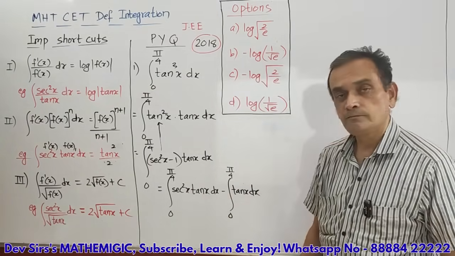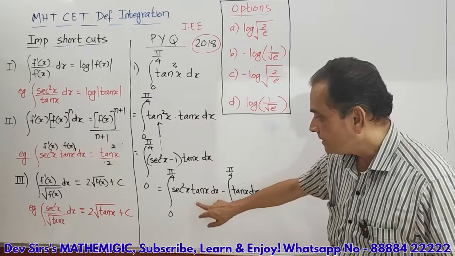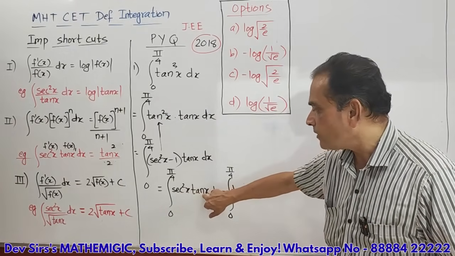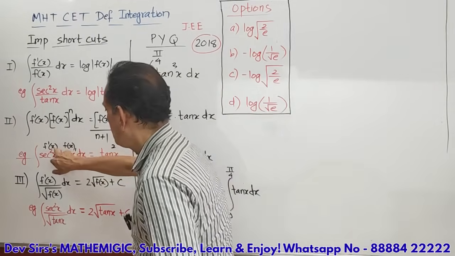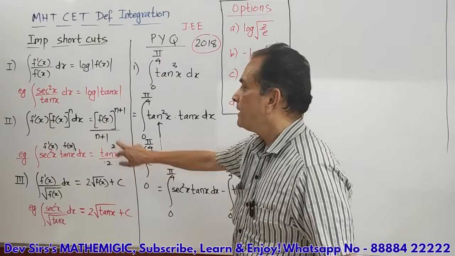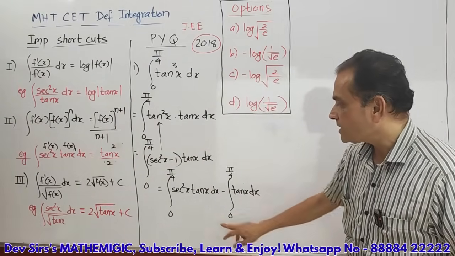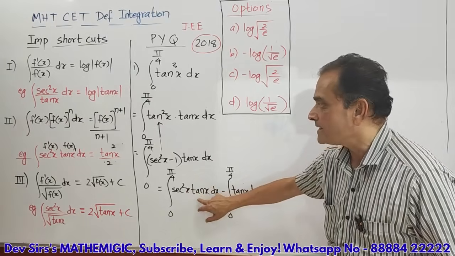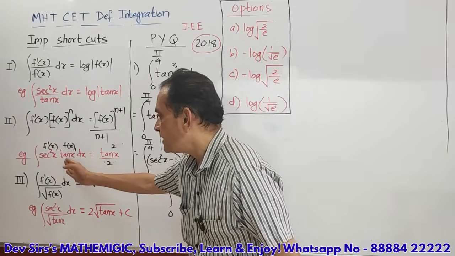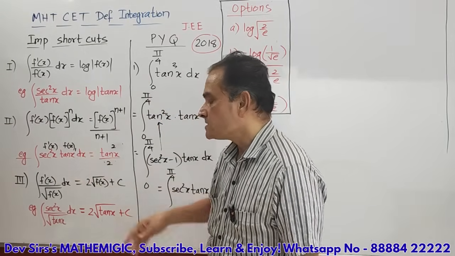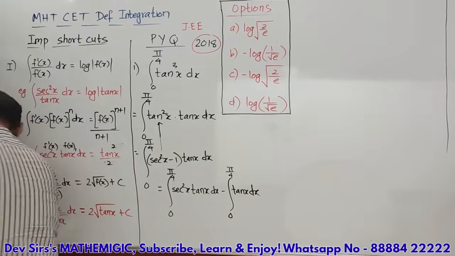लेकिन अभी देखो, you have a formula f dash x into f x is equal to f x raised to n plus 1 upon n plus 1. So naturally sec squared x into tan x, यहाँ पे लिखा है example, sec squared x into tan x, tan squared x upon 2.